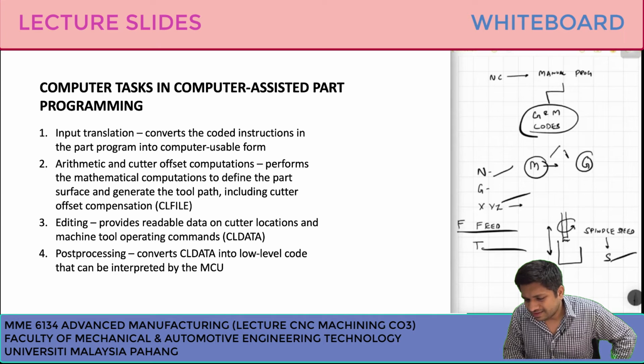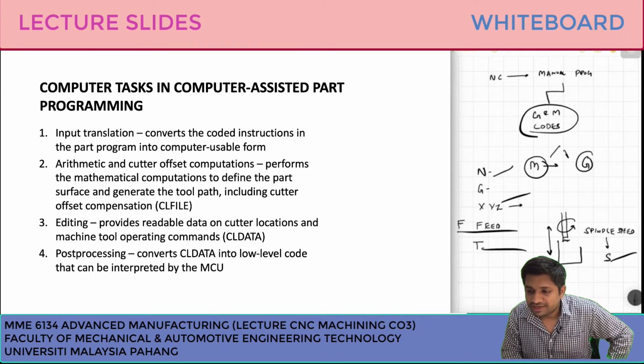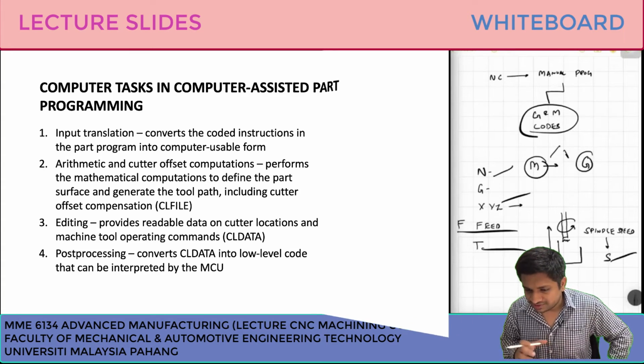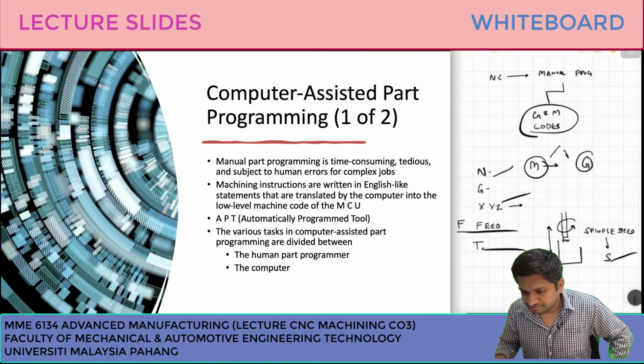MCU is the machine control unit. These are the assisted files generated by the computer when the part program is created automatically. This is just for information, no need to go into the details of computer tasks.